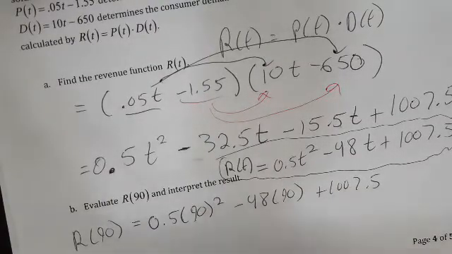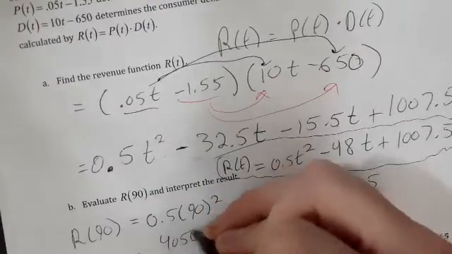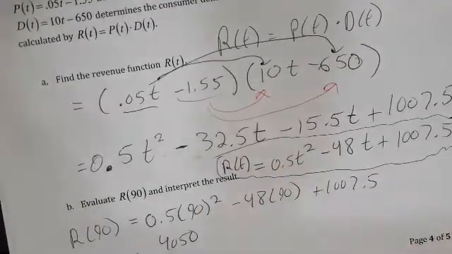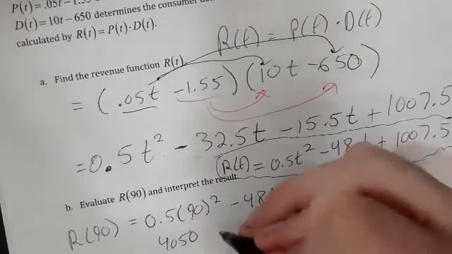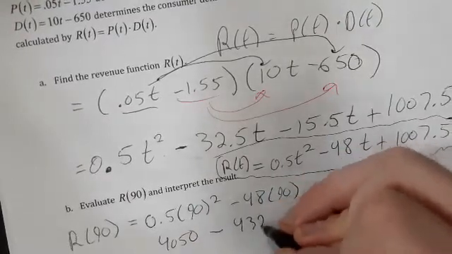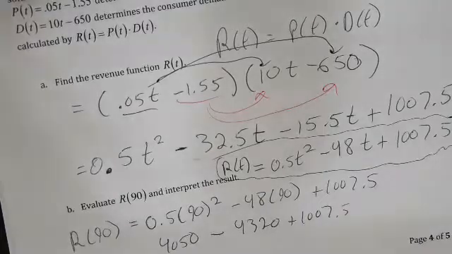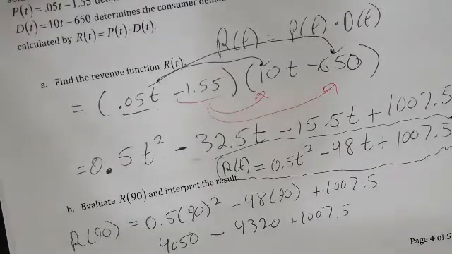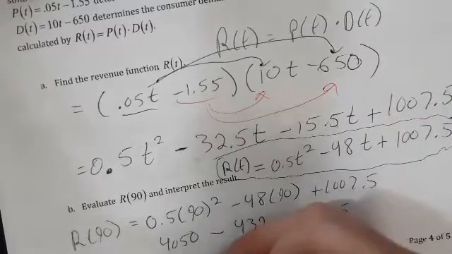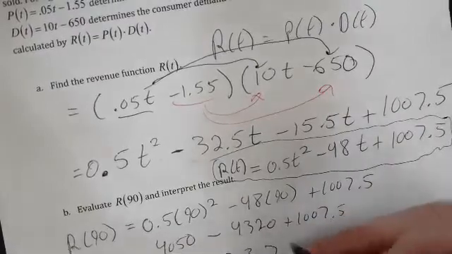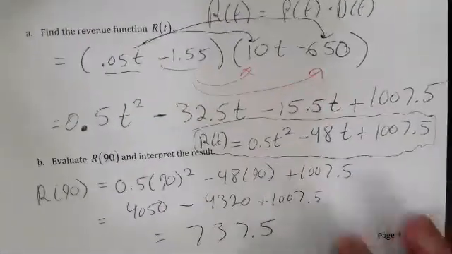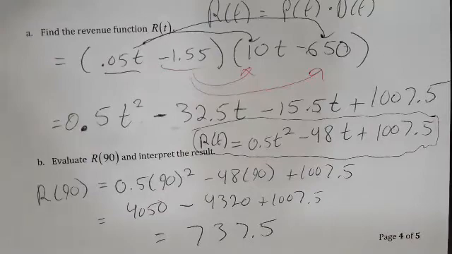Okay, so if we do this, this gives me 4050. This gives me 4320. And this gives me plus 1007.5. So 4050 minus 4320 plus 1007.5 is going to give me 737.5. And so now we got to come back and reinterpret, like, what does this mean?